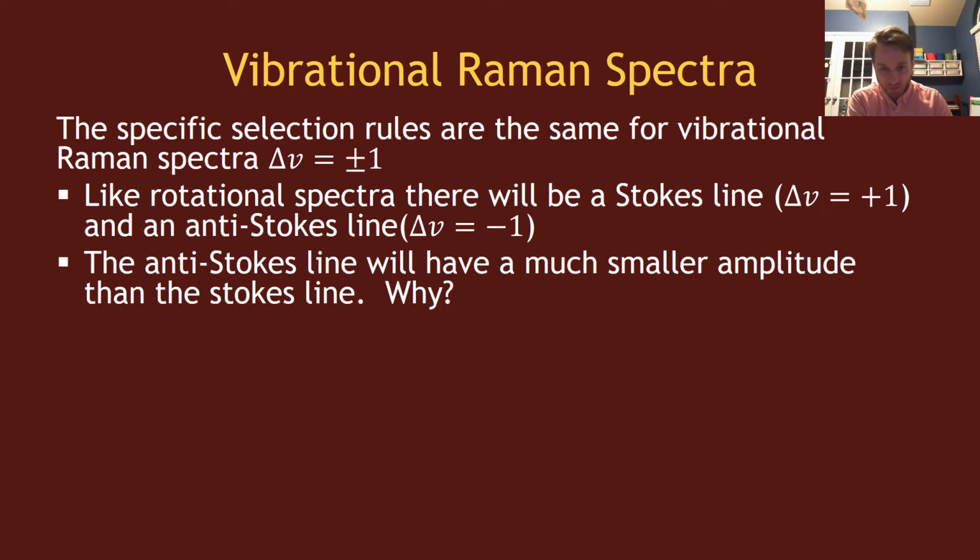In the case of a vibrational spectrum, I'd still have this scattering, delta V equals 0, but then I would have just one peak for the Stokes and one peak for the anti-Stokes.